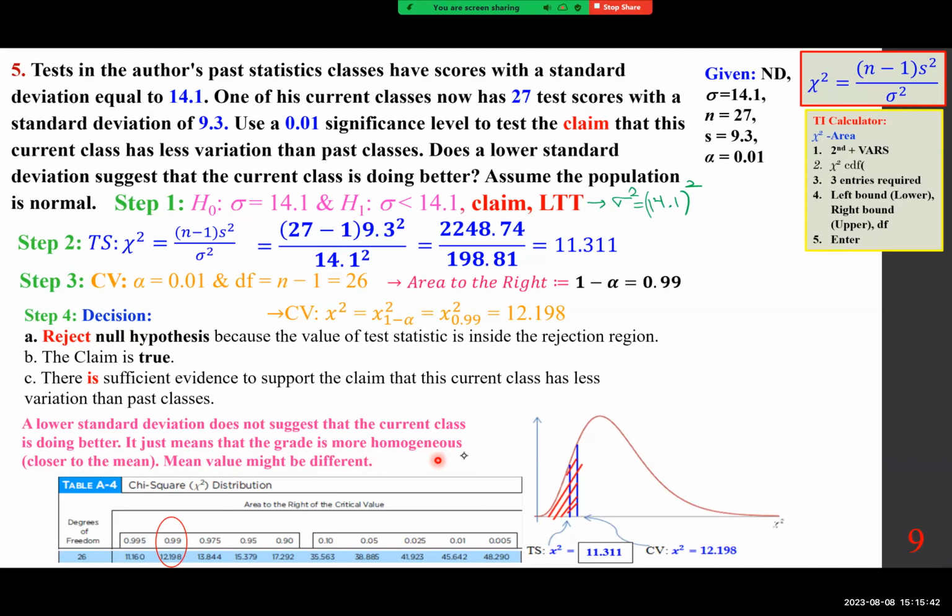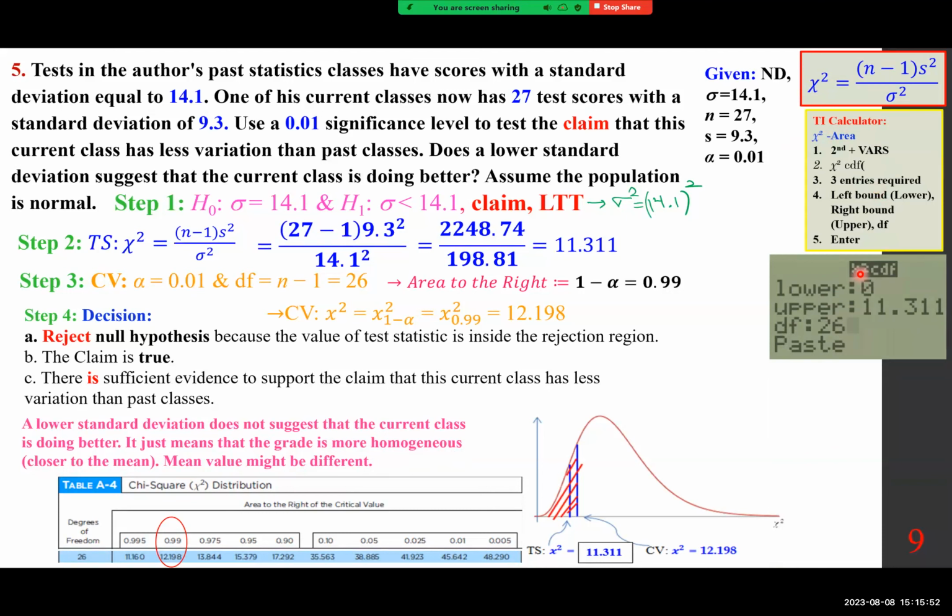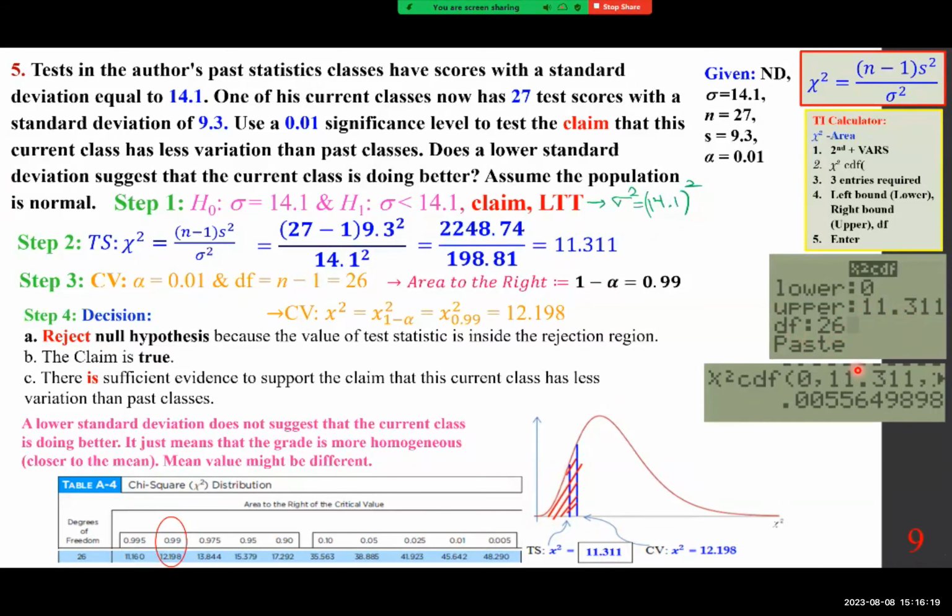Here's another way of doing that. If we find the area for chi-squared as follows, you go to chi-squared CDF. The lower bound is 0, because it goes from 0 to infinity, and the upper bound is 11.311. I'm looking at the concept of a p-value. In this case, because it's a left-tailed test, we want the area to the left of 11.311, with degrees of freedom of 26, and it results in the following.